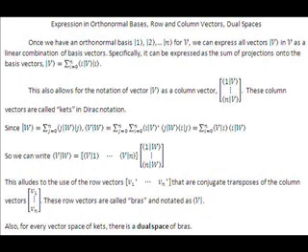Once we have an orthonormal basis, then any vector v in the space can be written as a sum of projections of that vector v onto each vector of the orthonormal basis. We can call these projections components of the vector with respect to our particular orthonormal basis.